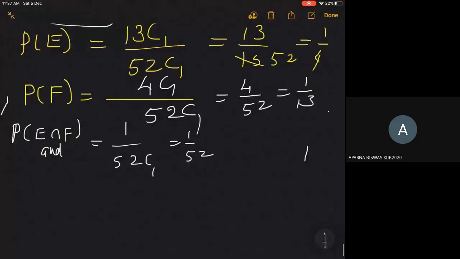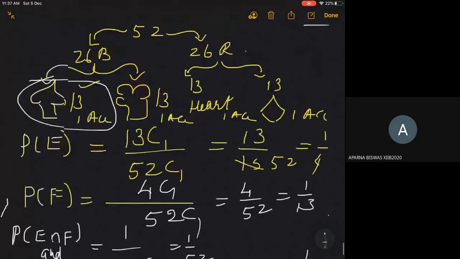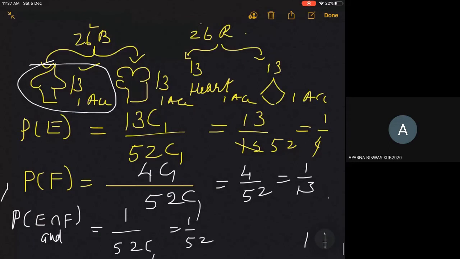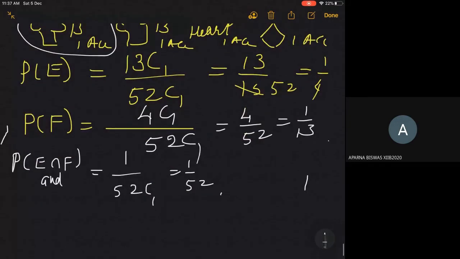Now we find P of F given E. What do you mean by P of F given E?